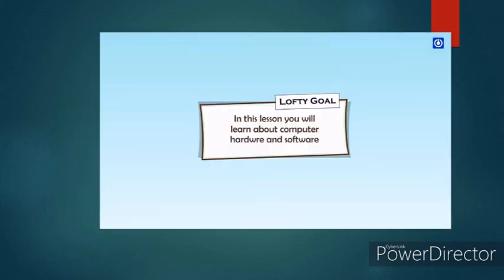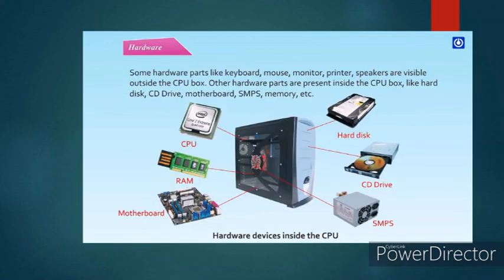In this lesson, you will learn about computer hardware and software. Now again I am repeating what is hardware. Some hardware parts like keyboard, mouse, monitor, printer, speaker are visible outside the CPU box.